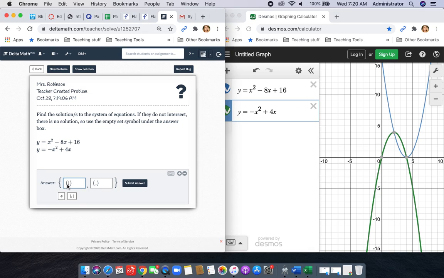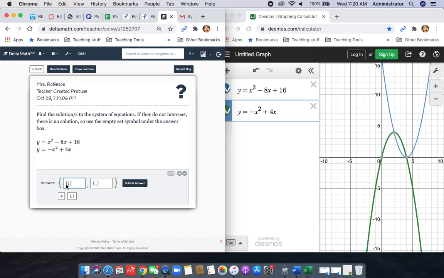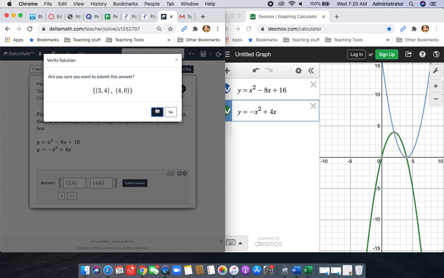So if they do intersect twice, you'll put 2. If you only see one point of intersection, do not hit the plus. Just go back. You can always go back down to a minus, and just enter in one ordered pair. So let's see. We have 2, 4, and 4, 0.